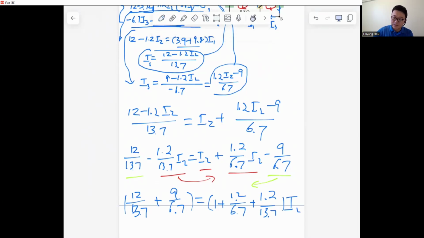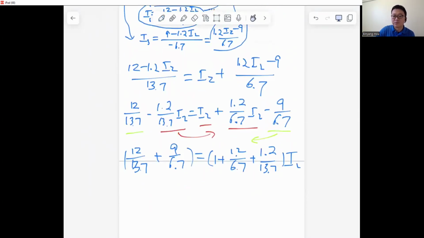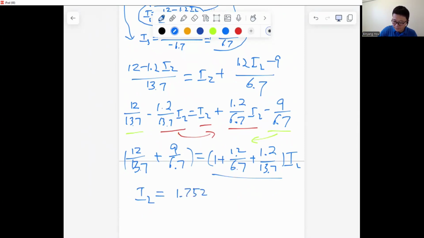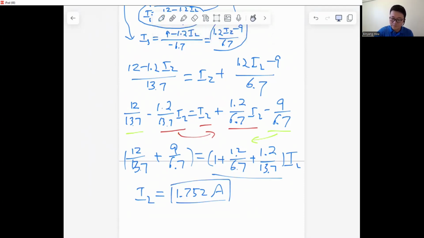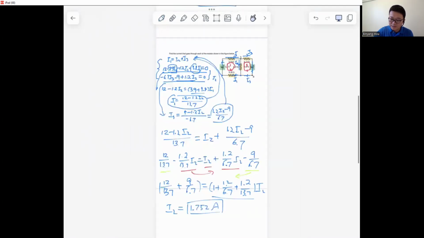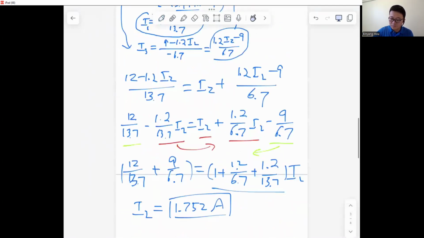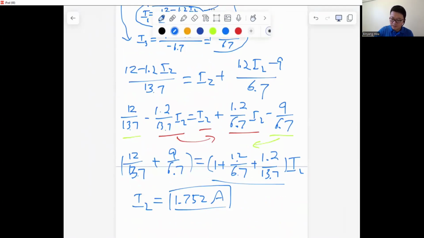Then we can find I2 by dividing both sides by this gigantic parenthesis. We find I2 equals 1.752 amps. And that's I2, which if we look back is the current through the 1.2 ohms. So that's the I of the 1.2 ohms.